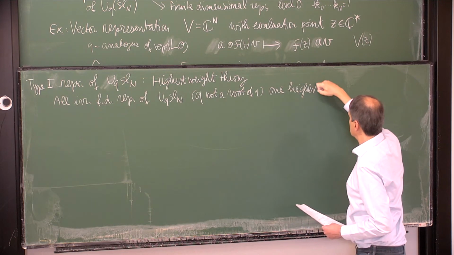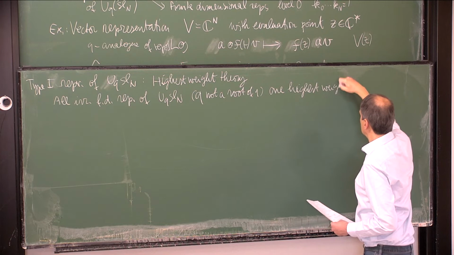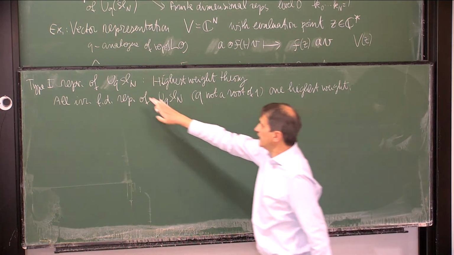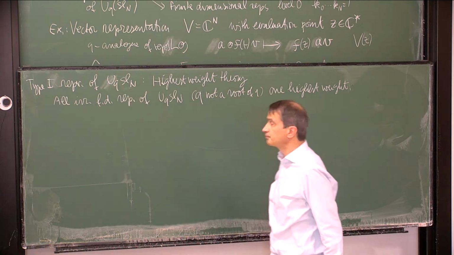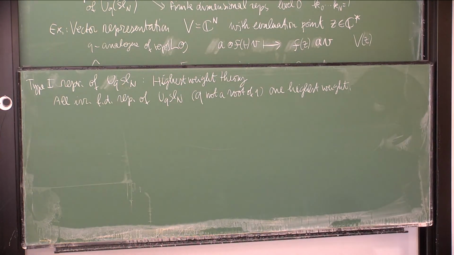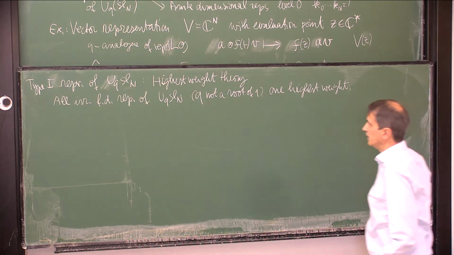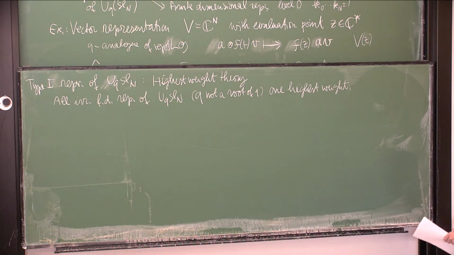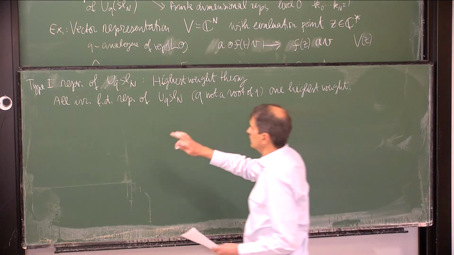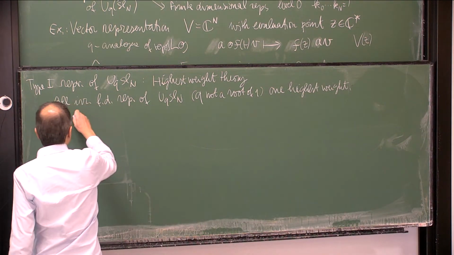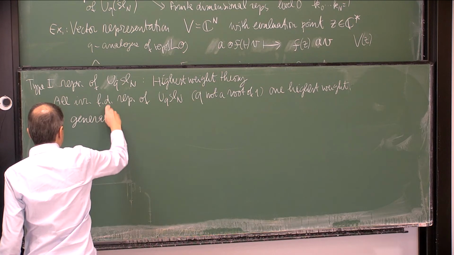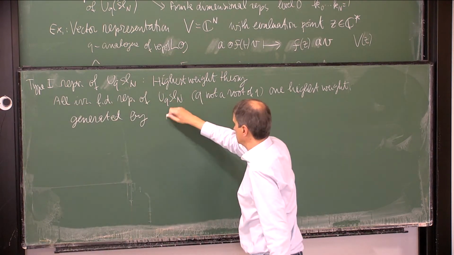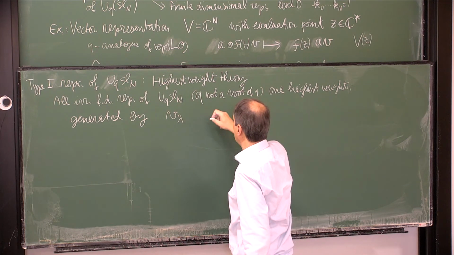So this is highest weight in the sense of the Lie algebra rather than in the sense of the Kac-Moody algebra? Yeah, but here I take the SLN, the finite dimensional SLN. Right, so for Kac-Moody it is more subtle. There is a version of highest weight theory also for Kac-Moody. So it means that it's generated by some highest weight vector V lambda.